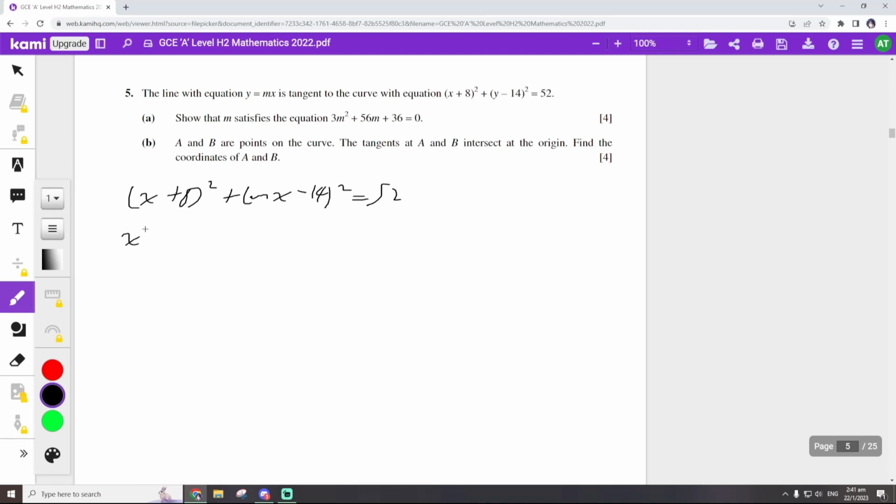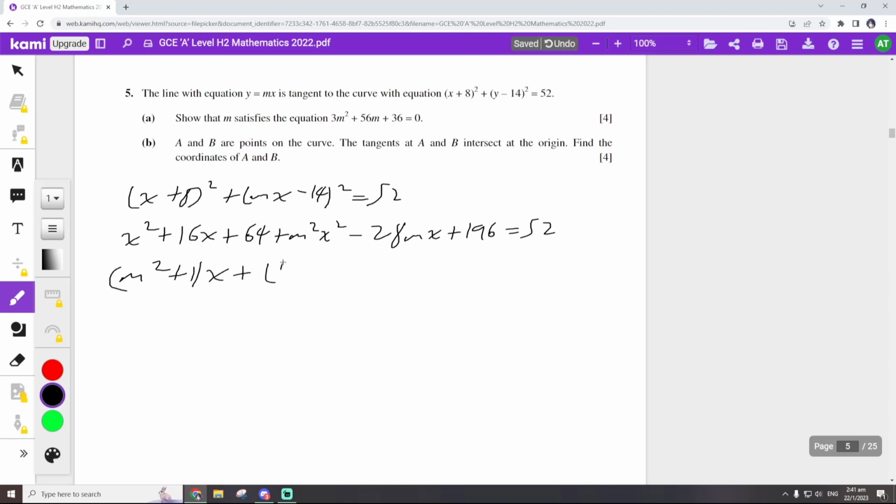which gives us x squared plus 16x plus 64 plus m squared x squared minus 28mx plus 196 is 52. Okay, (m squared plus 1) x squared plus (16 minus 28m) x, oh sorry, this is squared. Then I get 64 plus 196, which is 260, minus 52, so plus 208, and this is 0.